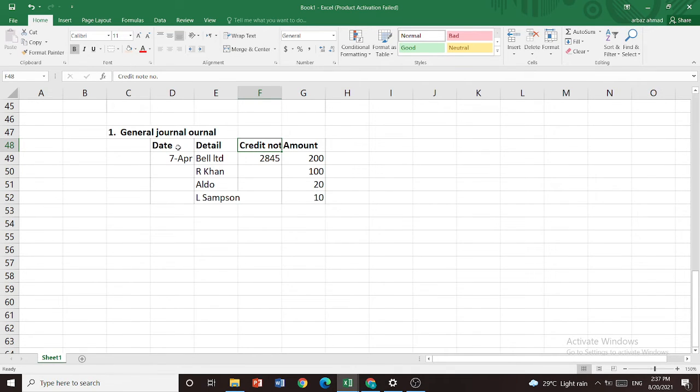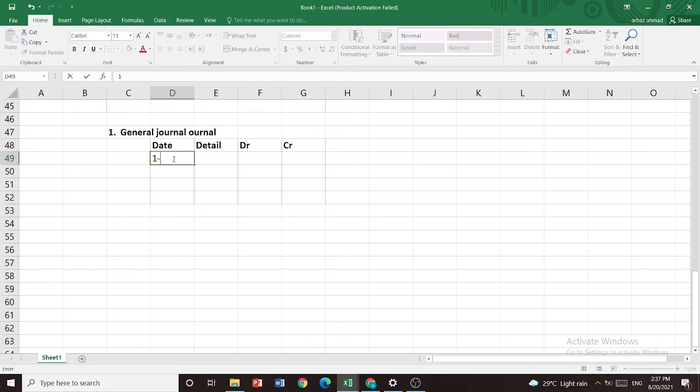We will have date, detail, here debit, and here credit. In some cases you can have balance here also, but no need for now. You will write a date here, for example 1st January, and then debit and credit.